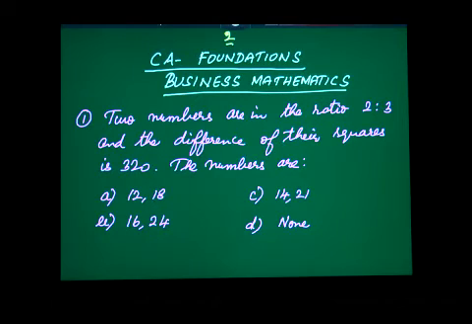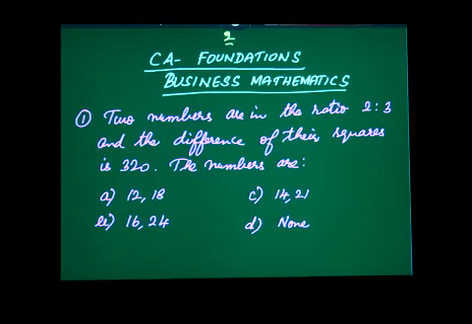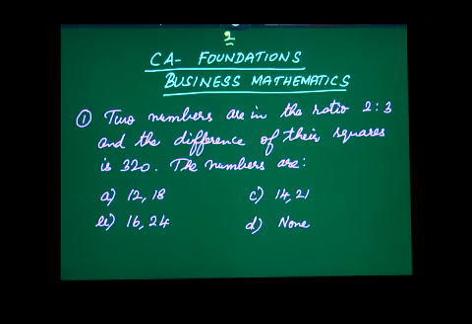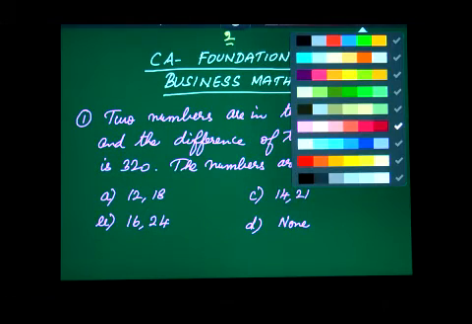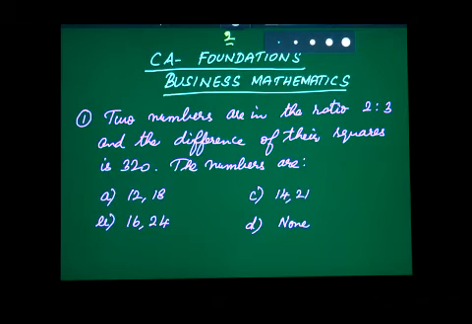To deal with this type of sum, we have to go from answer to question. First thing is, we have to square those values. Since we got 320, we have to look at the unit place.